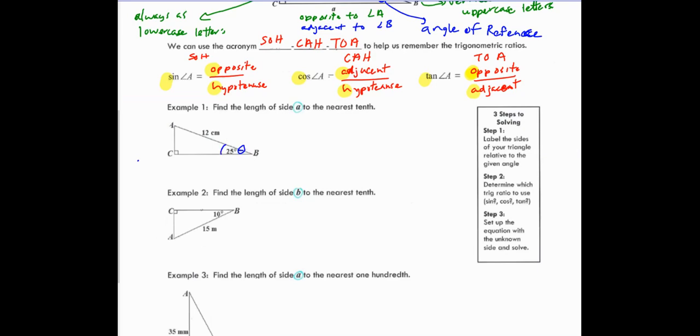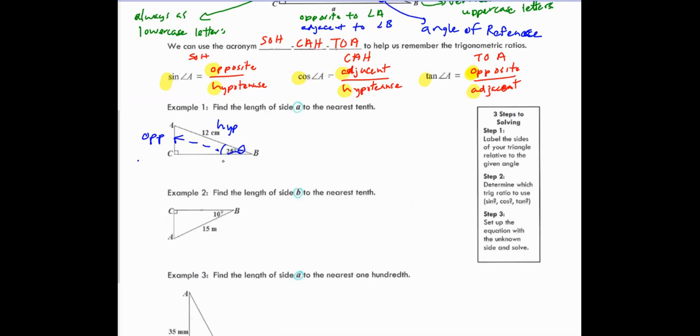Okay, my angle of reference means, now I label my sides. So here's my hypotenuse. I'm just going to use a short form. Across from it, right, we got to go across, is my opposite side.